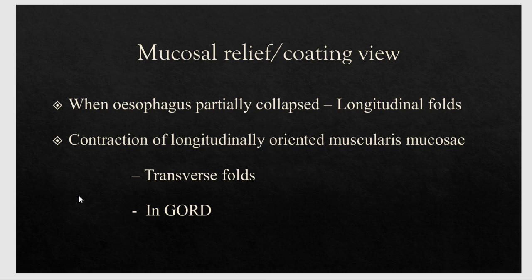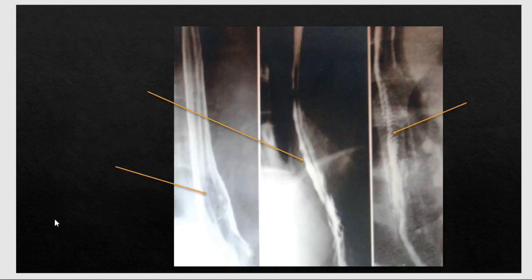The mucosal relief or coating view, whenever the esophagus is partially collapsed, we can very well see the longitudinal folds that are present in the esophagus. And whenever these longitudinal folds contract, and the longitudinally oriented muscularis mucosae fibers are contracting, they form the transverse folds, as we can see in gastroesophageal reflux disease. Then this mucosal relief coating view is required.